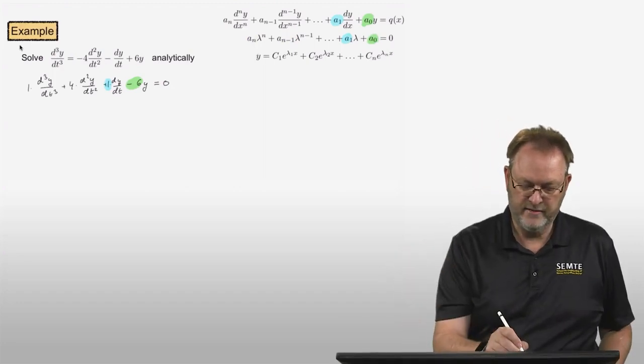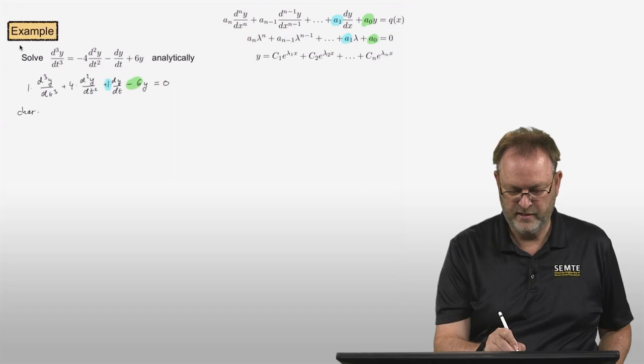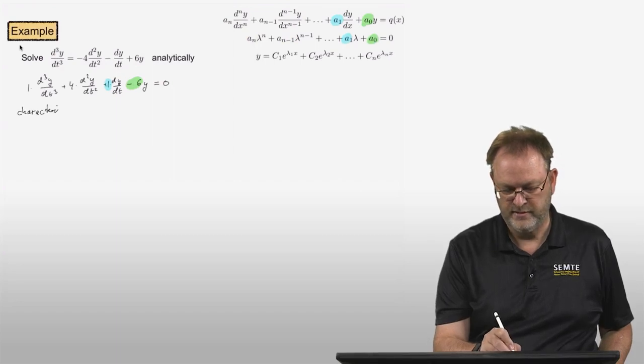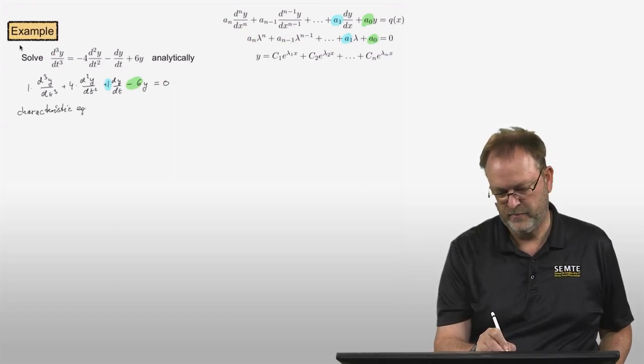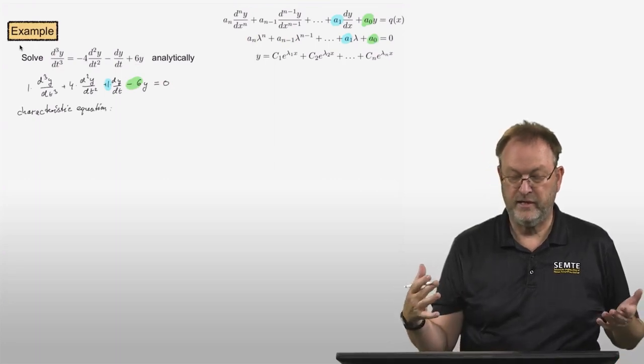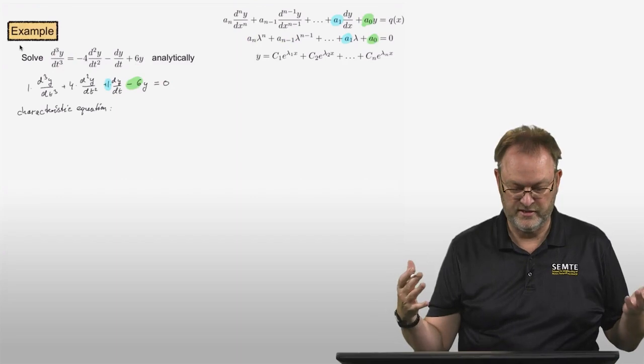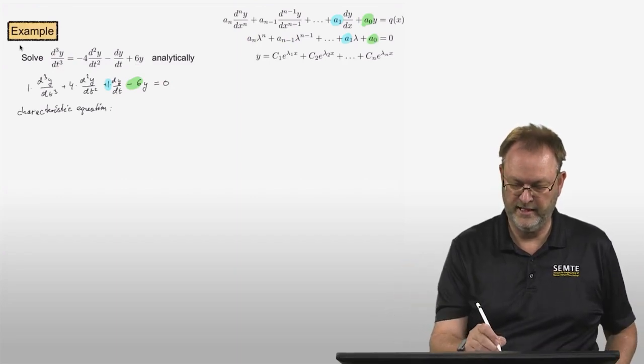So we can now write the characteristic equation. Okay. And it starts with a lambda cubed term because this is a third order ODE.